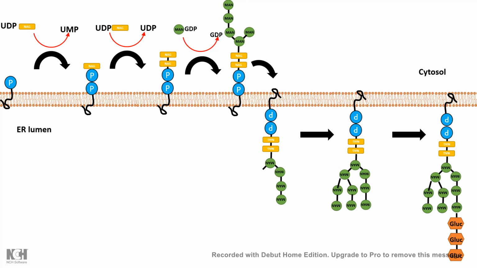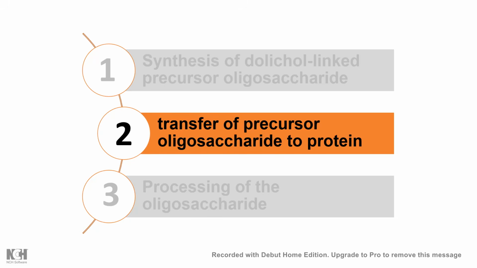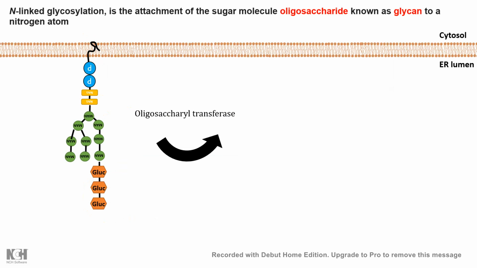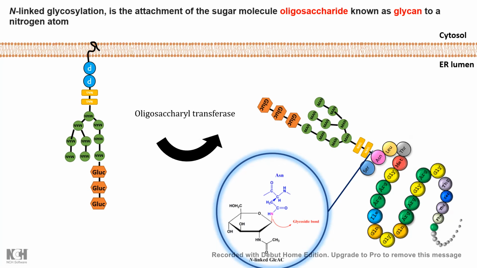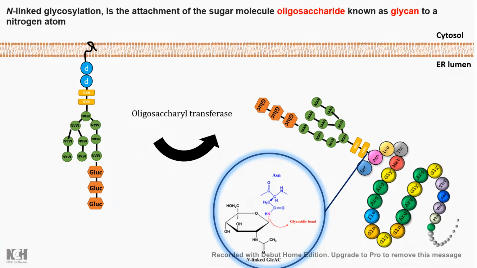Once it is completed, the tag needs to be transferred to a protein, and that is done by oligosaccharide transferase. And this is basically known as the N-linked glycosylation reaction, forming the N-linked glycosidic bond.